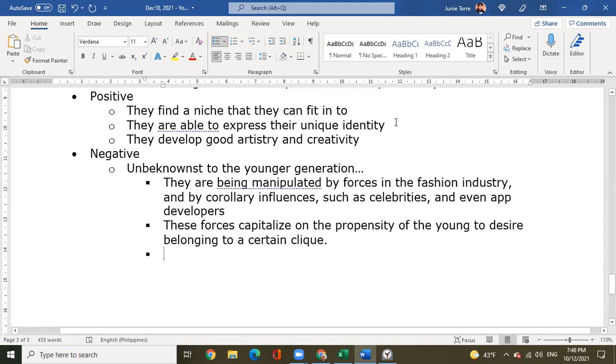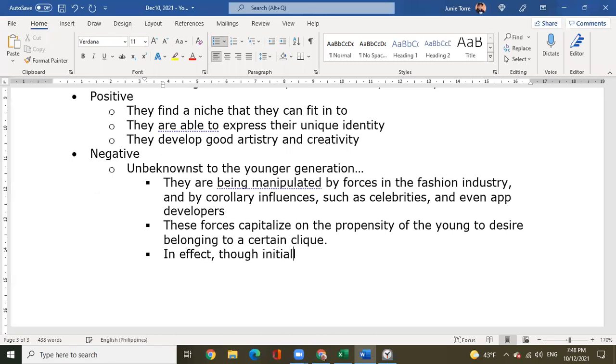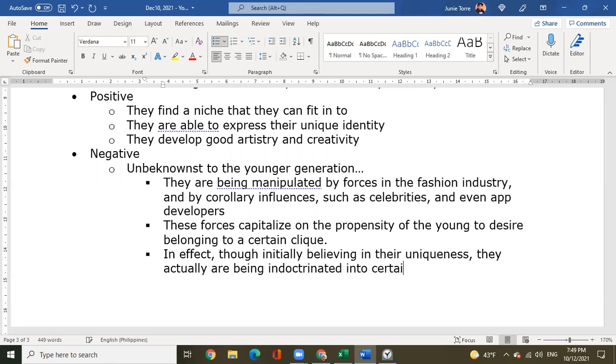I will kill this argument, guys. In effect, though initially believing in their uniqueness, they actually are being indoctrinated into certain fashion clones.